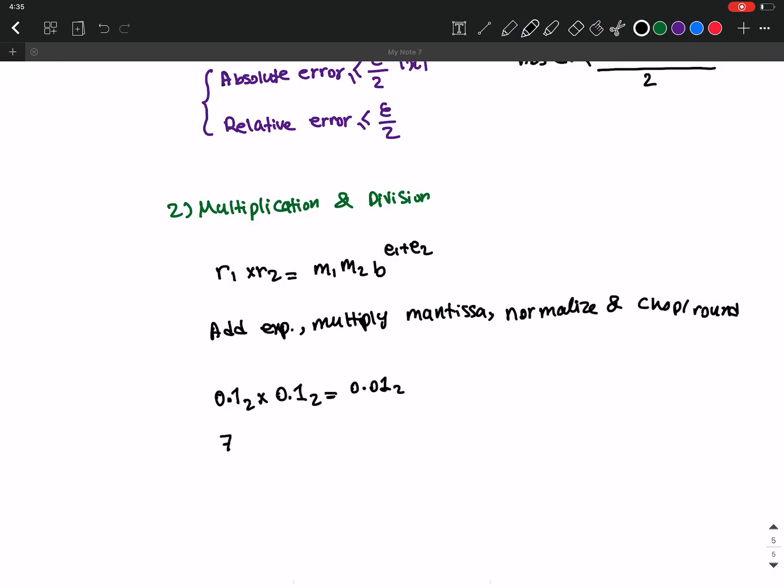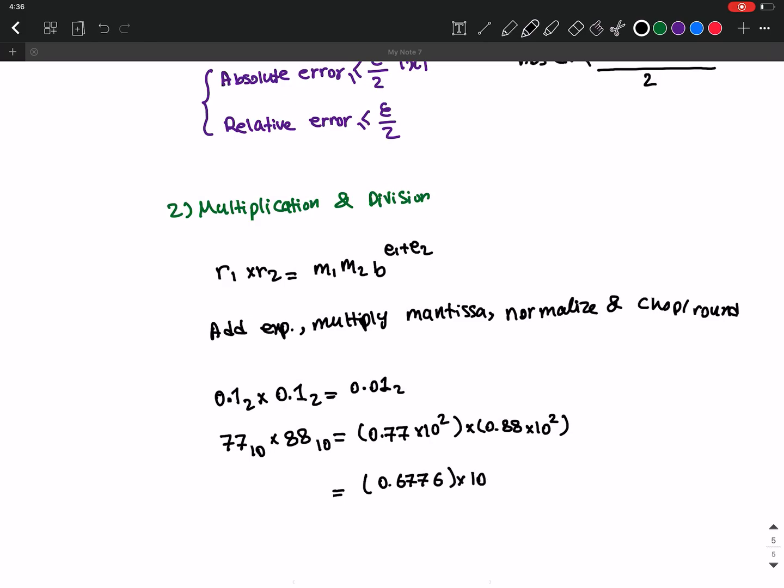And then let's look at another example, 77 in base 10 times 88 in base 10, in decimal. First let's normalize them. It's going to be 0.77 times 10 to the power 2, multiplied by 0.88 times 10 to the power 2. I'm going to first multiply the mantissa, so 0.77 by 0.88 is going to be 0.6776.